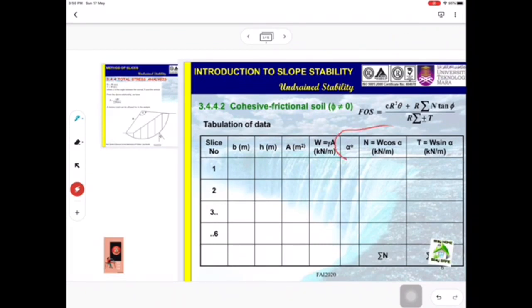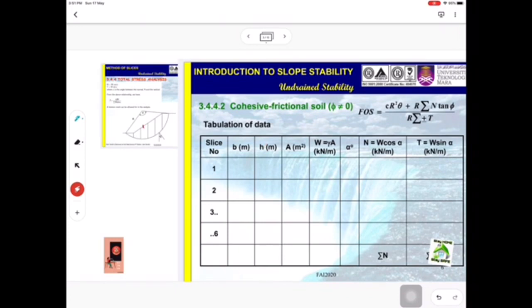Just different these last 3 columns. B is still the same. B, the breadth of the slice. So this is the slice. So what is the breadth of the slice? Normally we ask for to make it into a few slices with a equal breadth. So you can fill up the table.